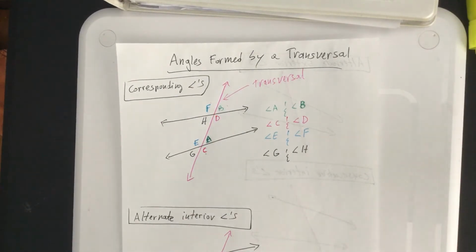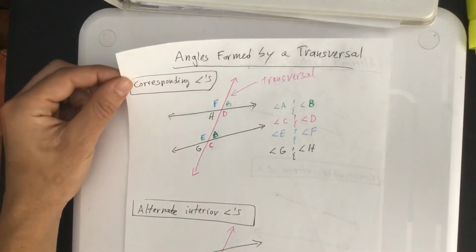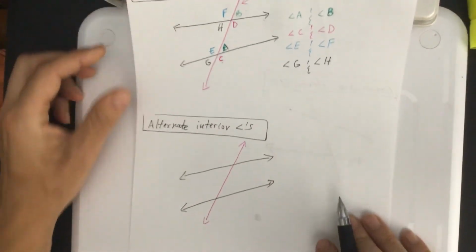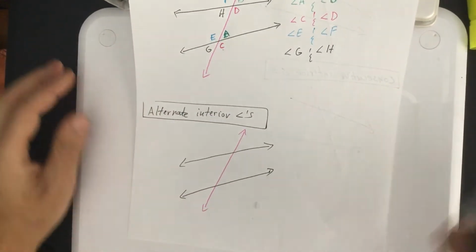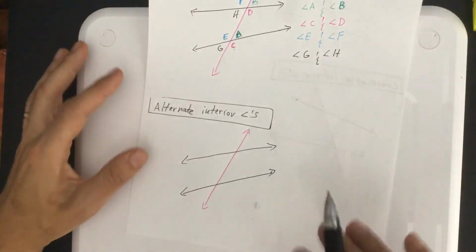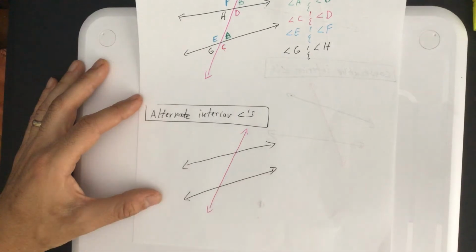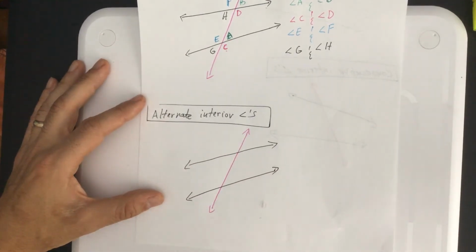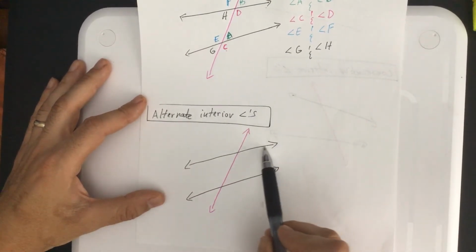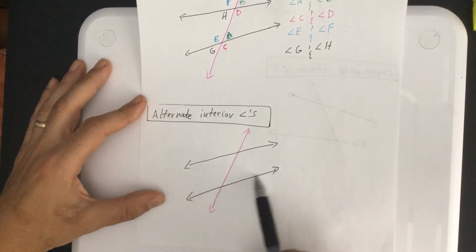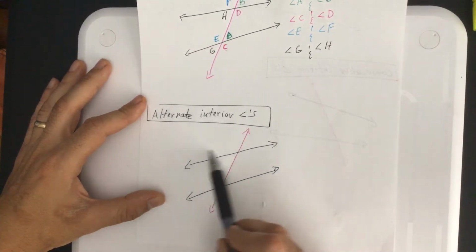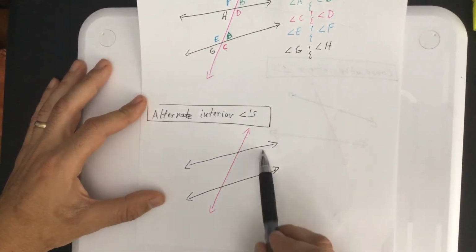Okay? Now, another type of angle you have when you cross a transversal through a couple of lines is what we call the alternate interior. First of all, the interior angles are located right here. The exterior angles are these ones and these ones. So this is the interior.